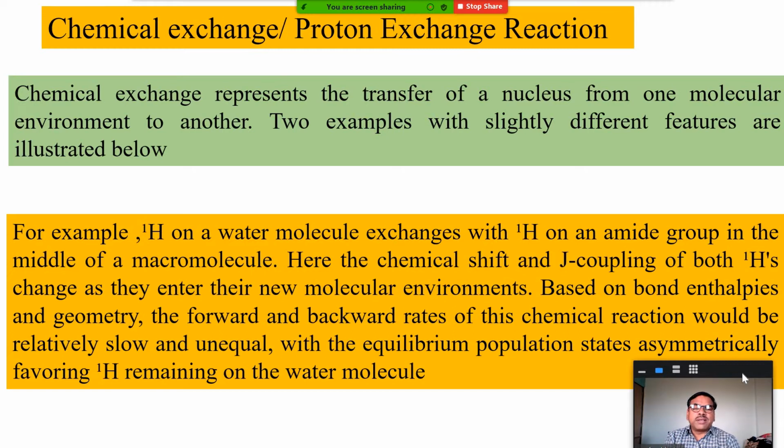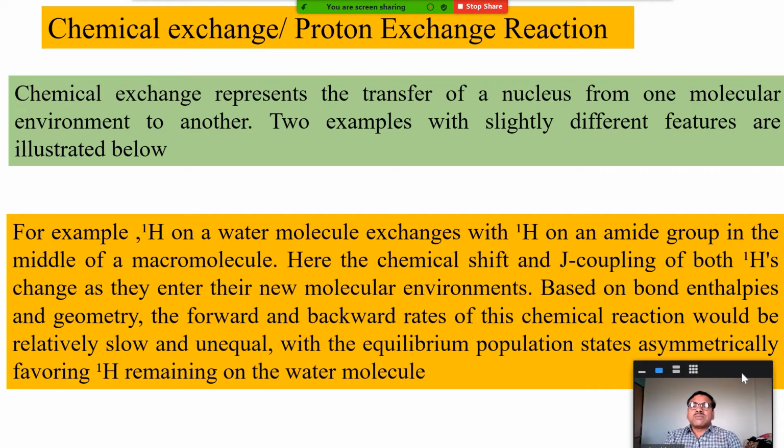Based on bond enthalpies and geometry, the forward and backward rate of this chemical reaction would be relatively slow and unequal, with the equilibrium population state unsymmetrically favoring the proton remaining on the water molecules.